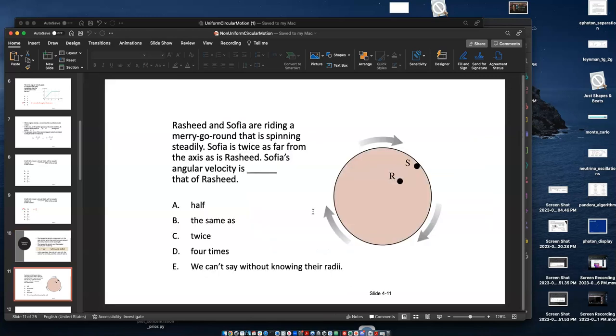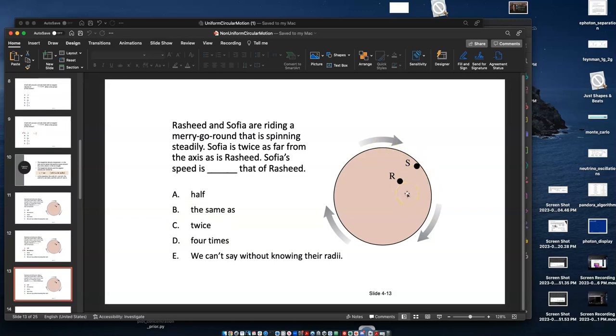So if you're on the merry-go-round, what is your angular velocity between these two people on the same merry-go-round at different distances? It's the same, because even though they're traveling different linear distances, they're traveling the same angle in the same amount of time.